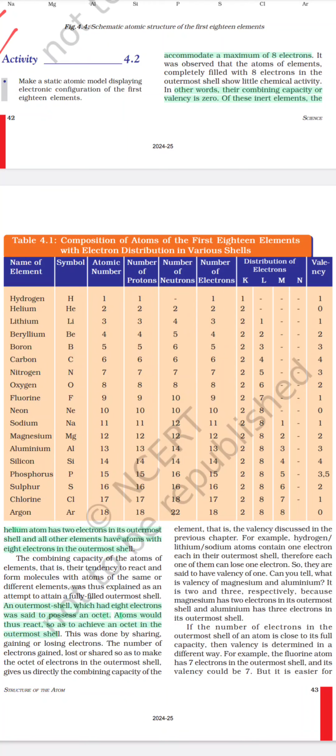If the number of electrons in the outermost shell of an atom is close to its full capacity, then valency is determined in a different way.